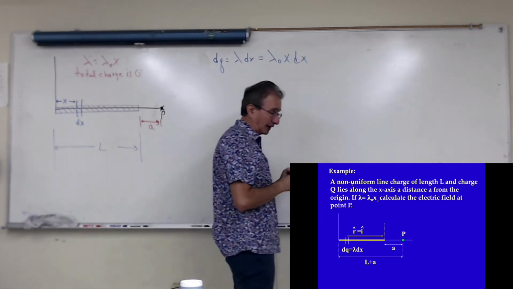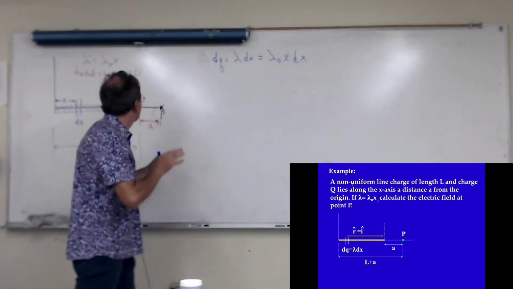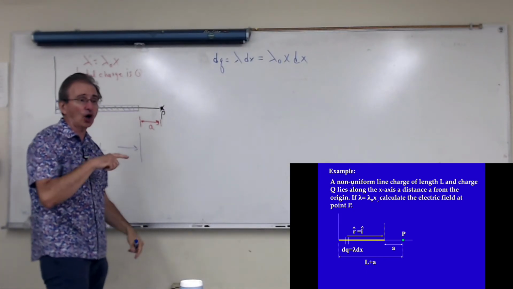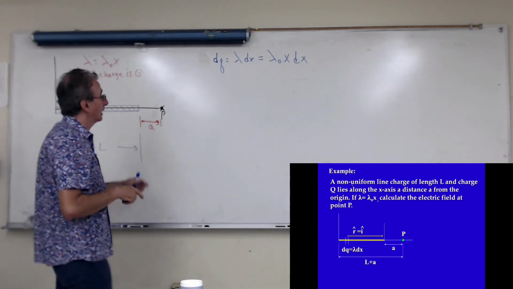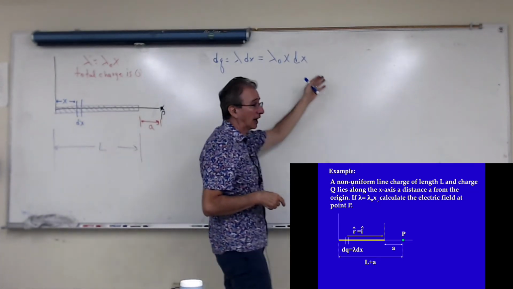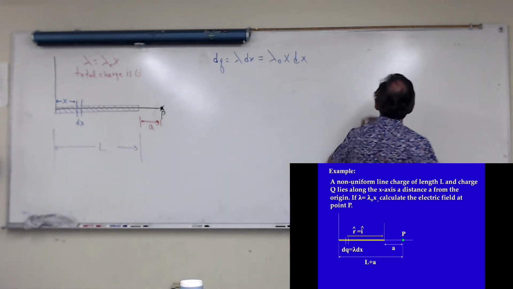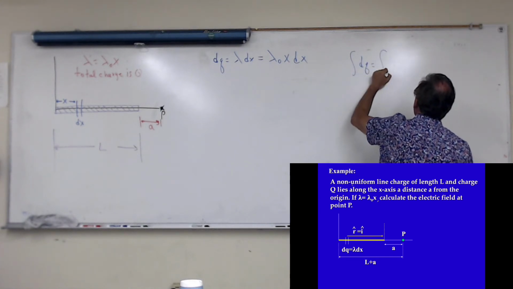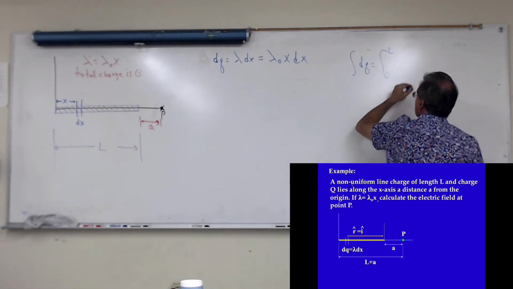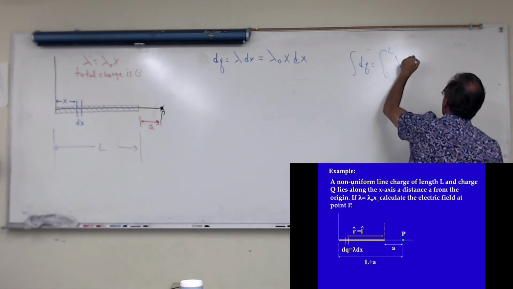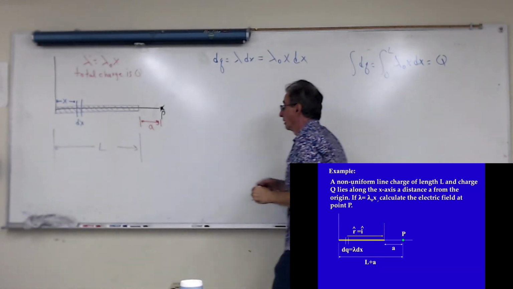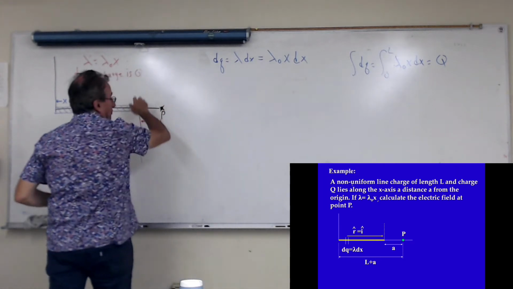And really, if I did not know that the total charge was q, then I would just leave it like that. But I know that if I were able to integrate dq over the entire length of the rod, that has to give me whatever this number is. Let's say it's 1 coulomb.